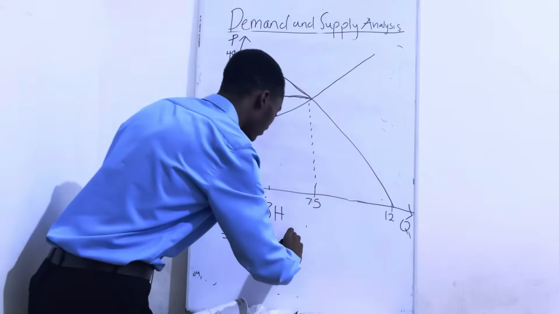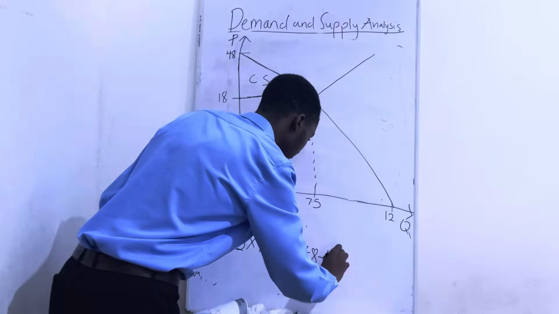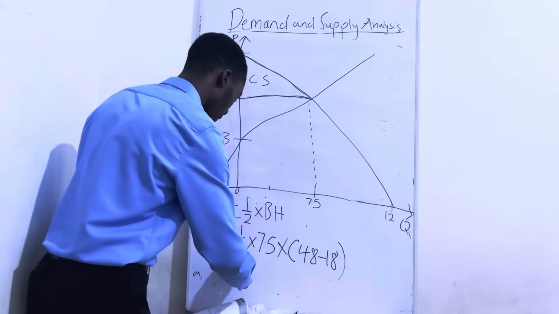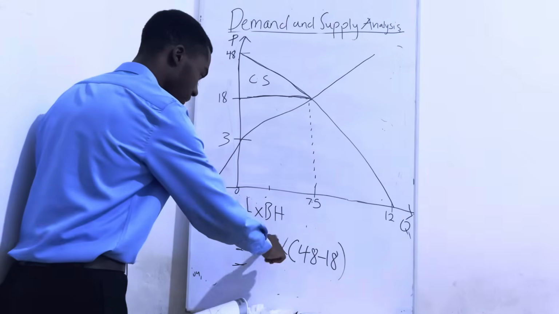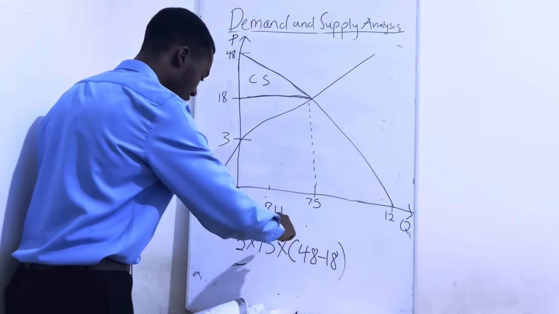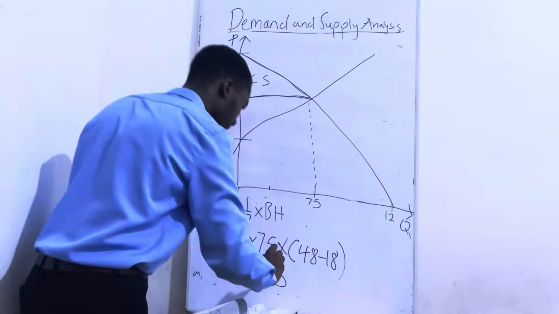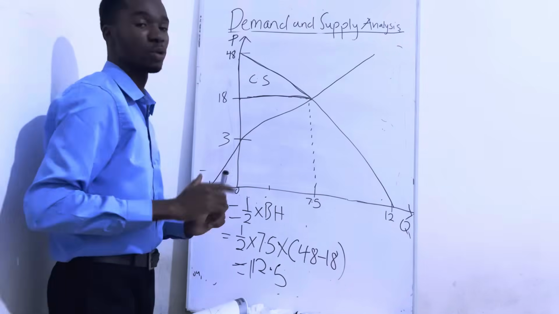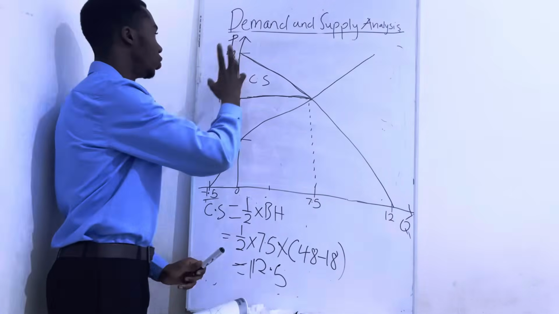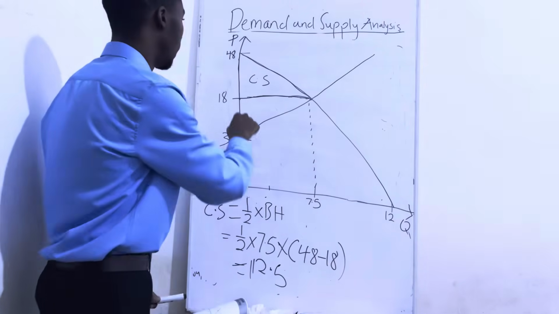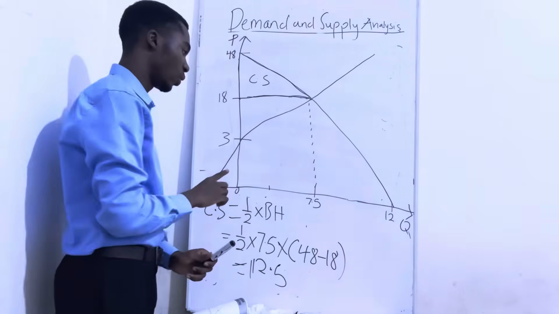We punch all this on the calculator: 1 over 2 times 7.5 times into bracket 48 minus 18, and you should be getting 112.5. So this is our consumer surplus. Always when you draw it, it's half times the base, this side, then you subtract this and this. That's the consumer surplus.